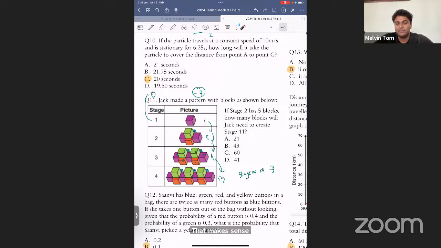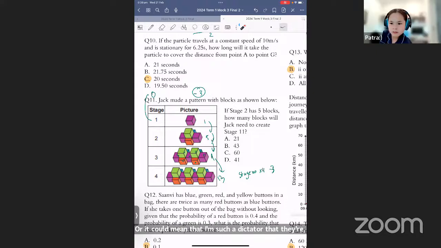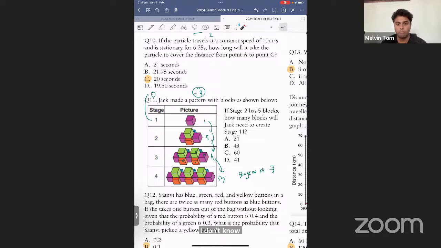They call Melvin Prince my son, and then I'm Melvin King. I think they're hoping that I'll give them a pay raise. Or it could mean that I'm such a dictator that they're calling me a dictator by calling me a king. Melvin, do you run Loyola? I do, yeah. Aren't you the owner of it? I am the owner of the house, yeah.